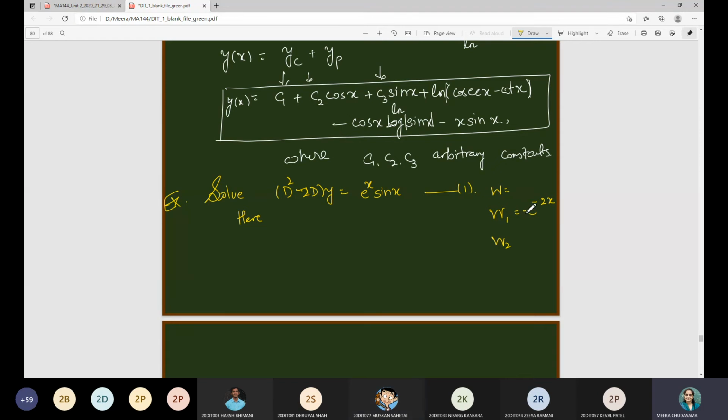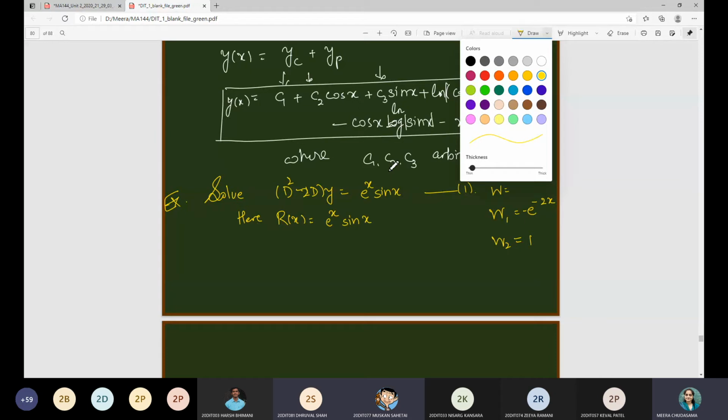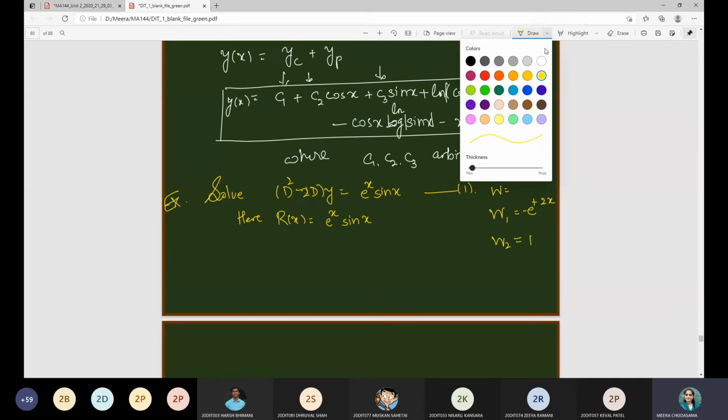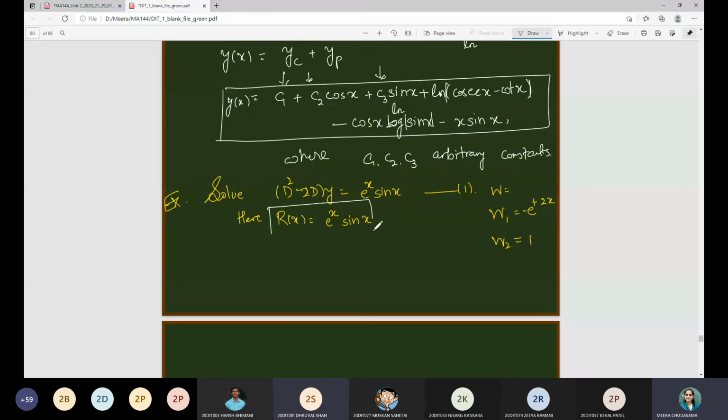W1, minus e raised to 2x. Okay, W2 is 1. What about W? Ma'am, it's not minus 2x, it is plus 2x. Okay. And W is 2e raised to 2x. Exponential function is always non-zero, therefore W will be non-zero, therefore y1, y2 are linearly independent.